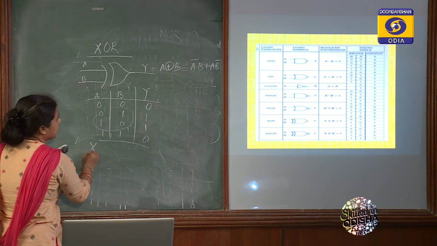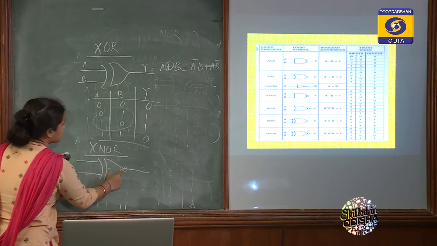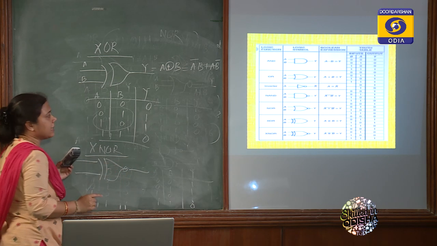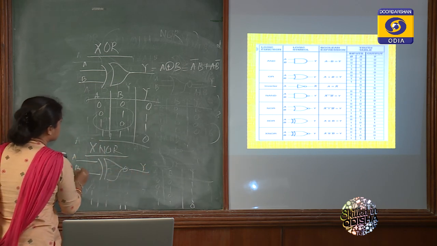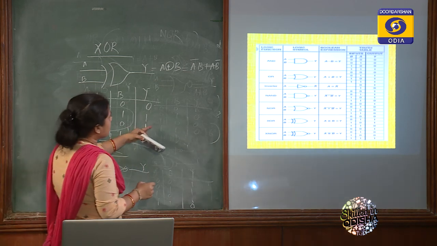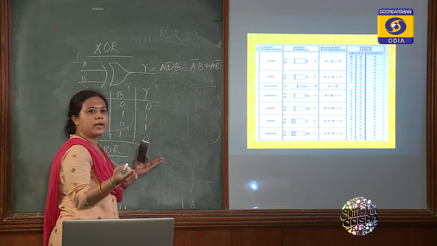So next is XNOR. What will happen here? The diagram will be like this. This is our diagram. So for XNOR, one buffer circuit is added here. So the truth table will be just reverse of this. That means what will be the truth table? Just the complement of that one.